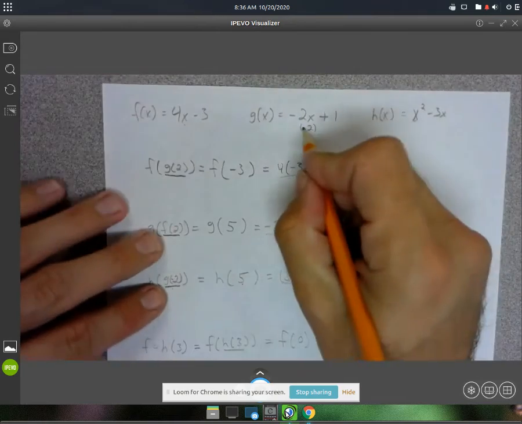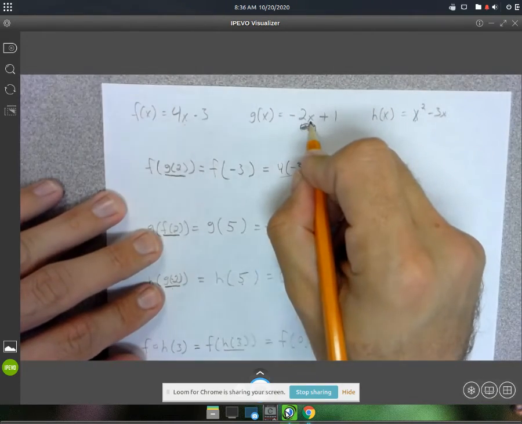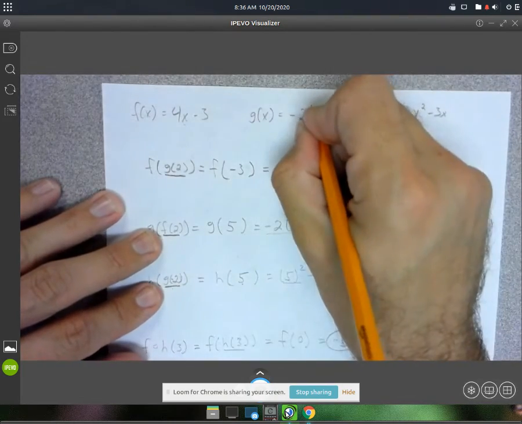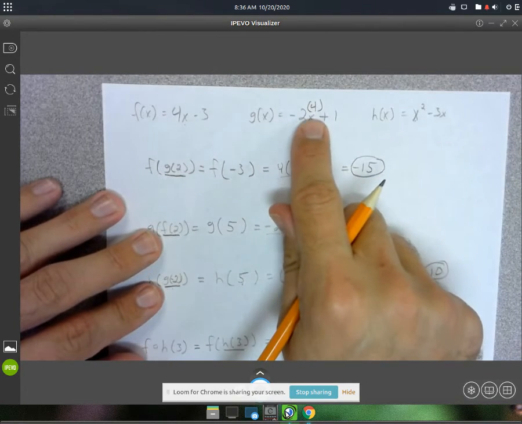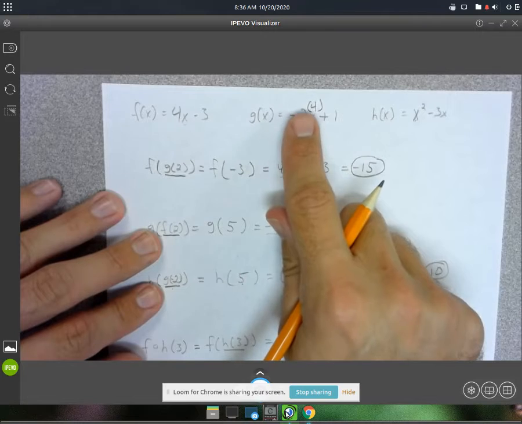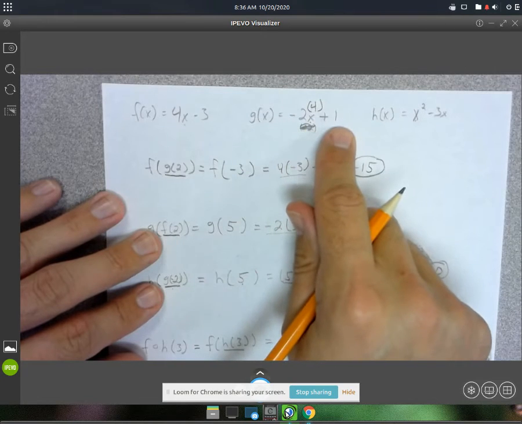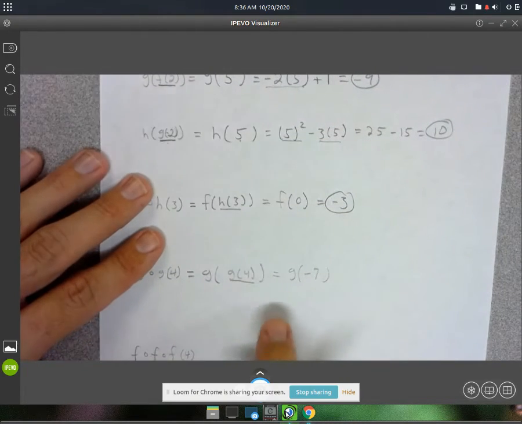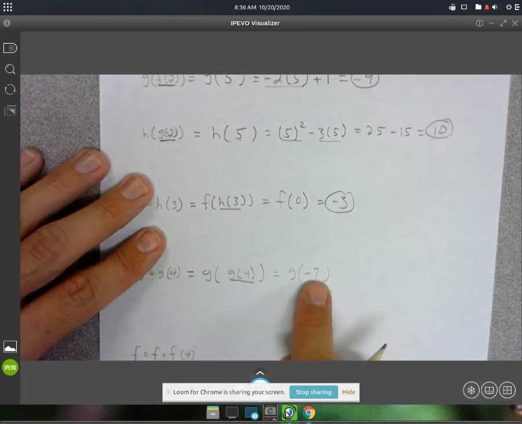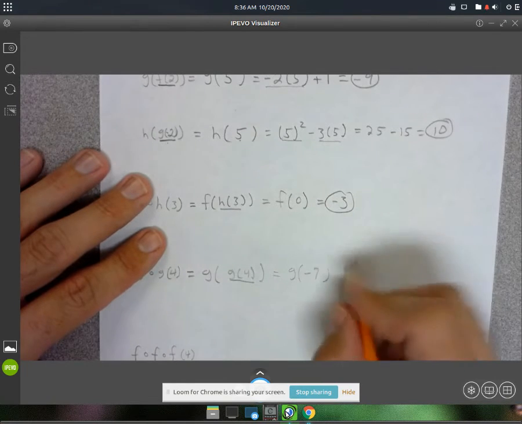You'd plug in 4 for x on the g function. Negative 2 times 4 is negative 8, and negative 8 plus 1 is negative 7. So g of 4 equals negative 7, and now we have to find g of negative 7.